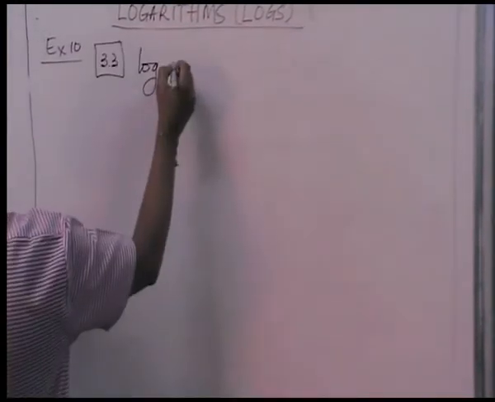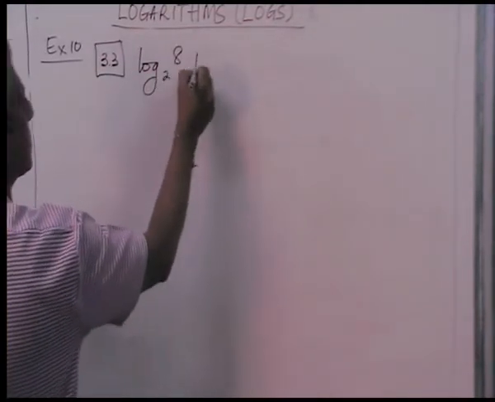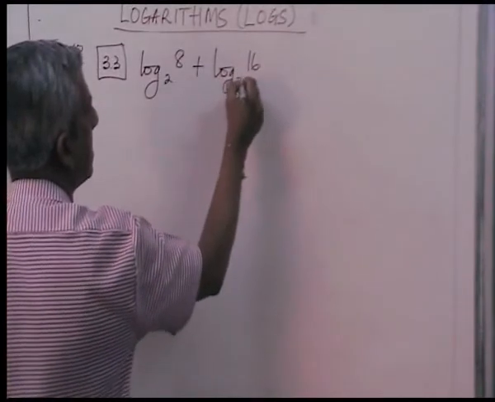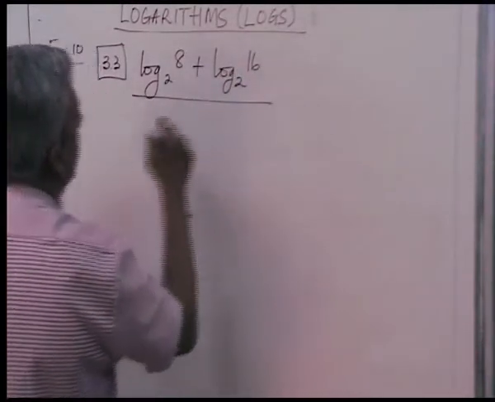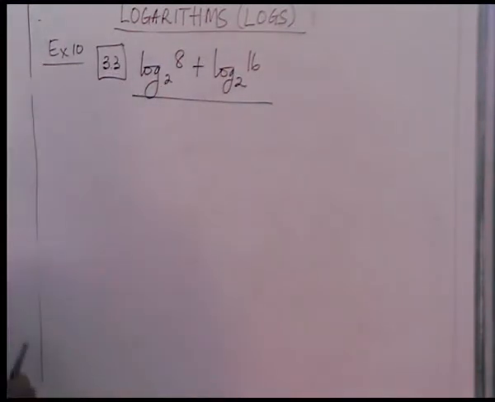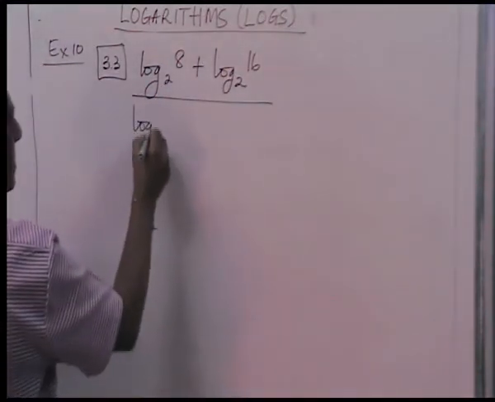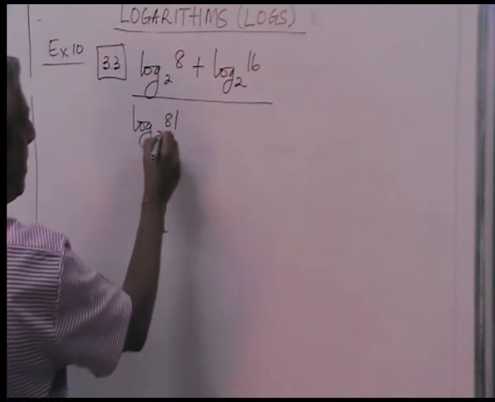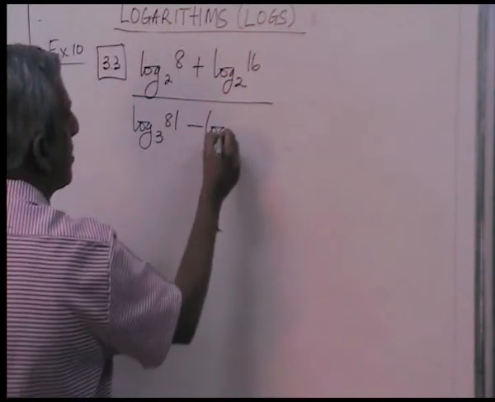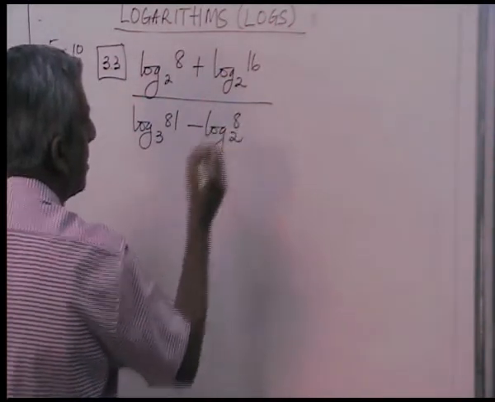Now 3.3: log of 8 to the base 2 plus log of 16 to the base 2, all over log of 81 to the base 3 minus log of 8 to the base 2. In the numerator, you can see clearly the bases are the same. In the denominator, the situation is different.